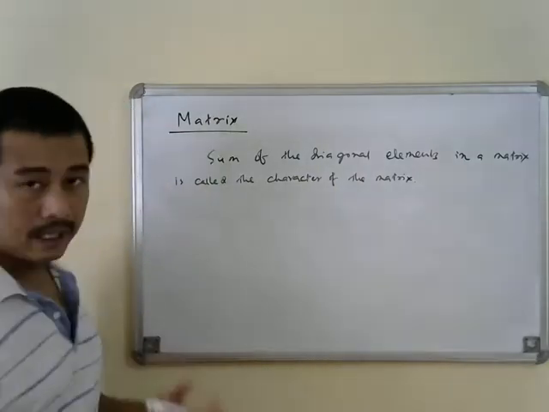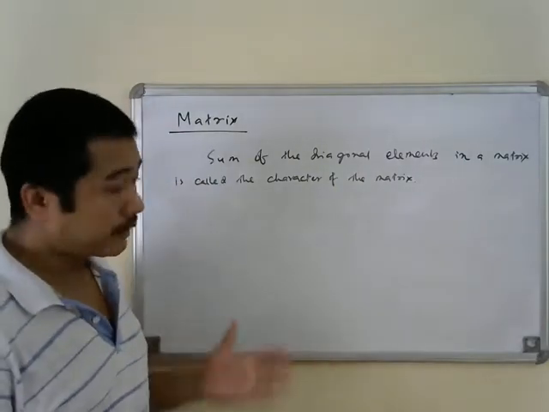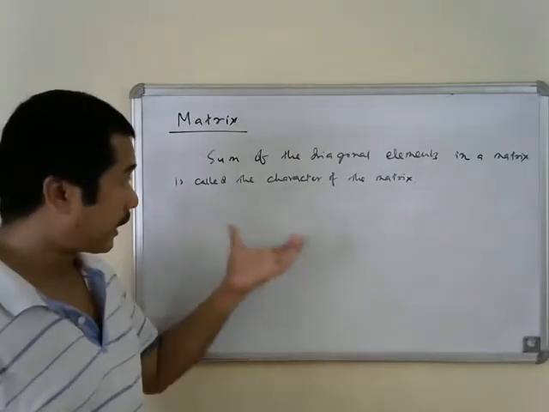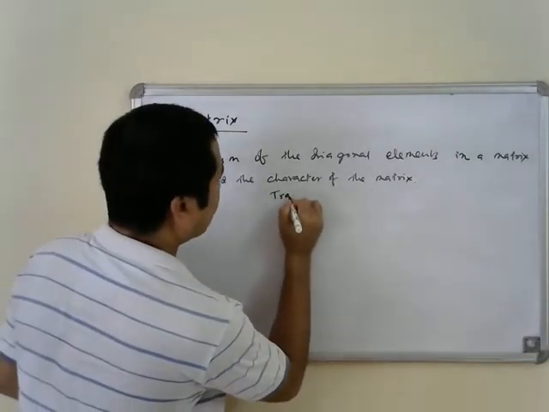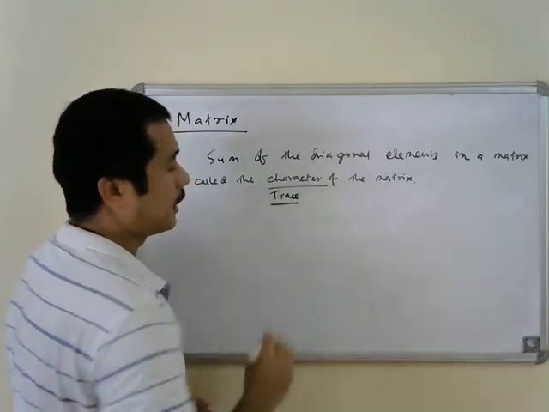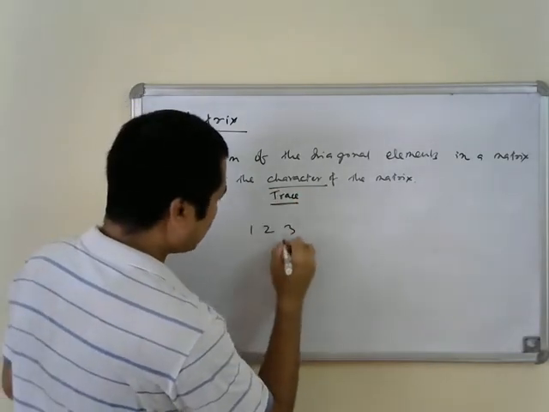So when you do the sum of all the diagonal elements within a given matrix, that is going to be called the character of the matrix, or one also calls it the trace of the matrix, either character or trace.